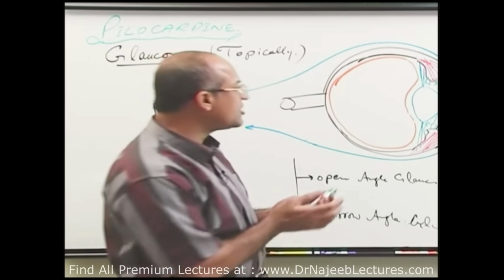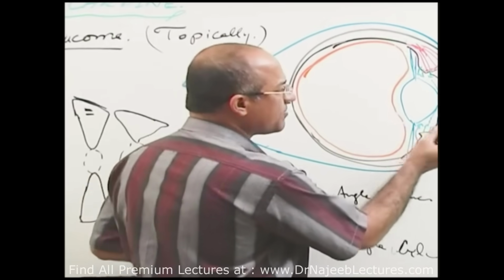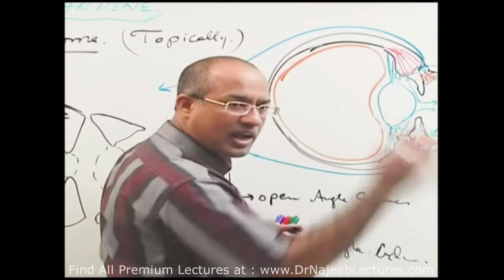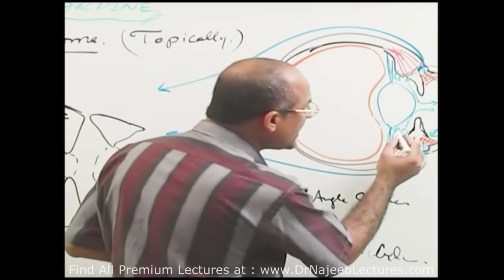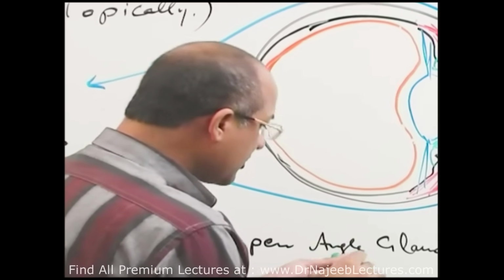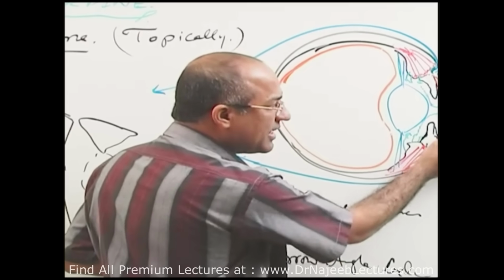Another problem which occurs in these patients is that intraocular pressure becomes very high. Of course, when drainage is blocked due to narrow angle, will intraocular pressure become low or high? High. When it becomes very high, the aqueous humor is unable to move forward because there is a block here. It cannot drain.